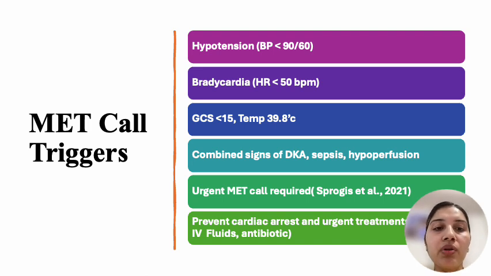So we need to call a medical emergency urgently to prevent her from cardiac arrest and other urgent situations. So we need to administer urgent treatment like IV fluid and antibiotics.